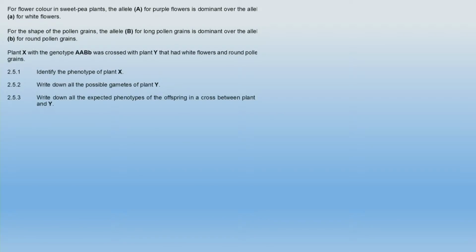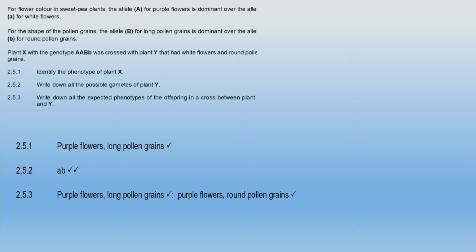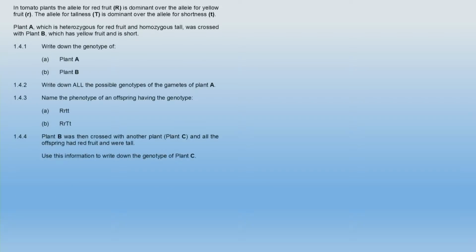There is again an example of that, where the learners must be able to answer some of the questions. Again, identify the phenotype, give the possible gametes. These are regular questions that we always ask and must be evaluated. Again, another one, I think it's the same as the previous one.